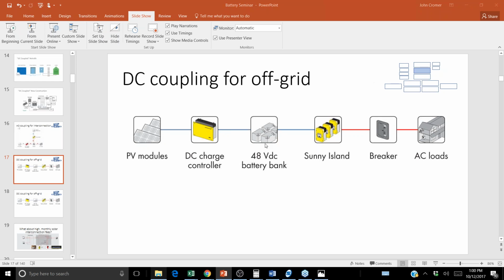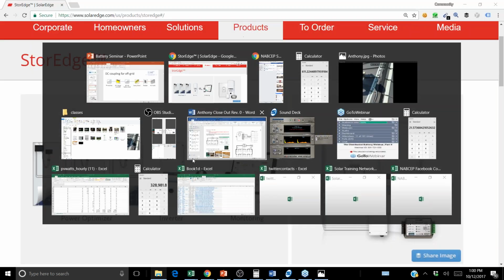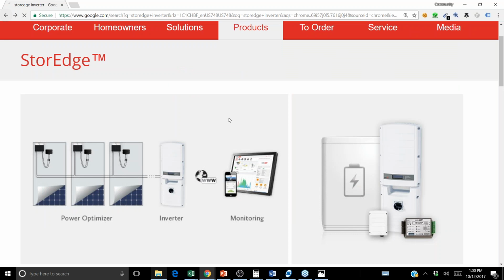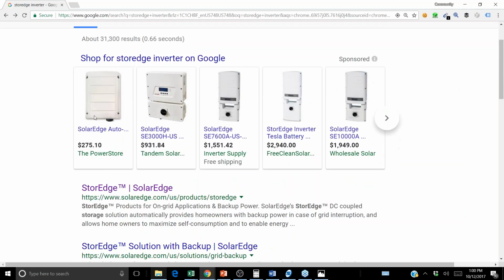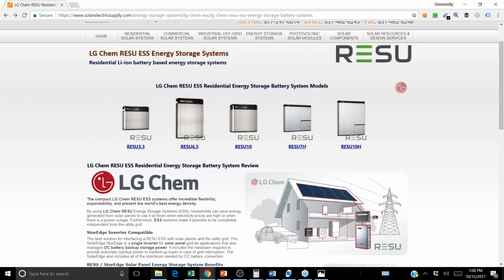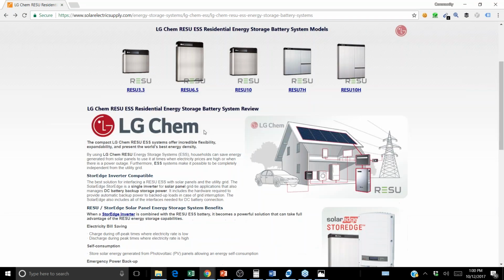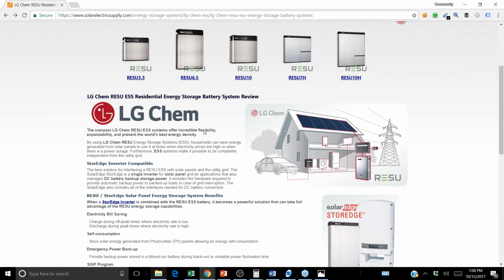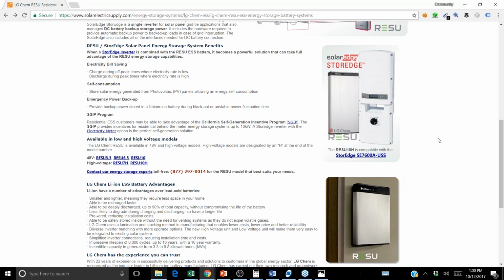So going back to our SolarEdge example, here is the LG Chem lithium-ion battery, and it's compatible with the SolarEdge inverter.